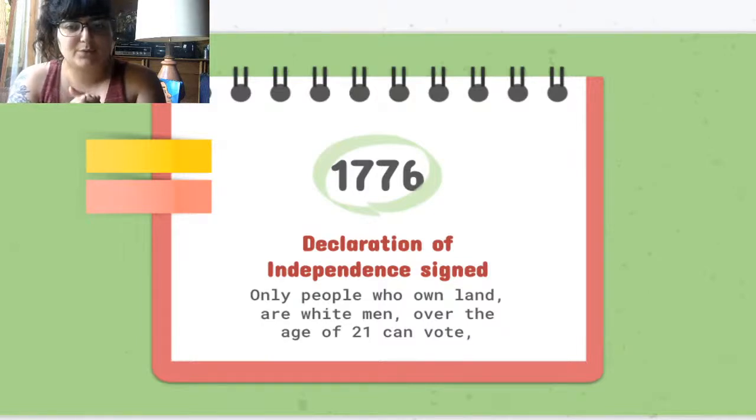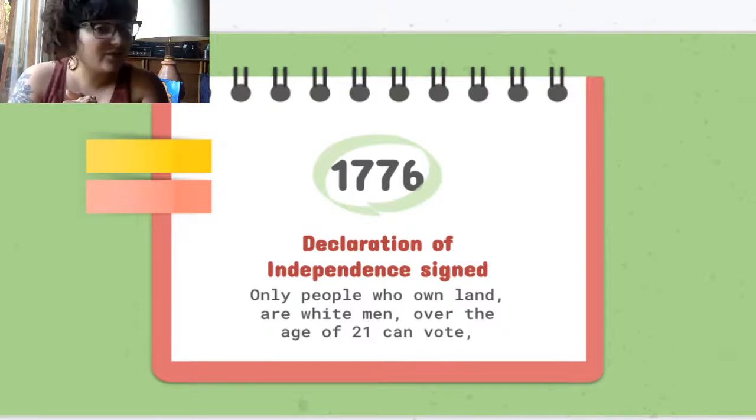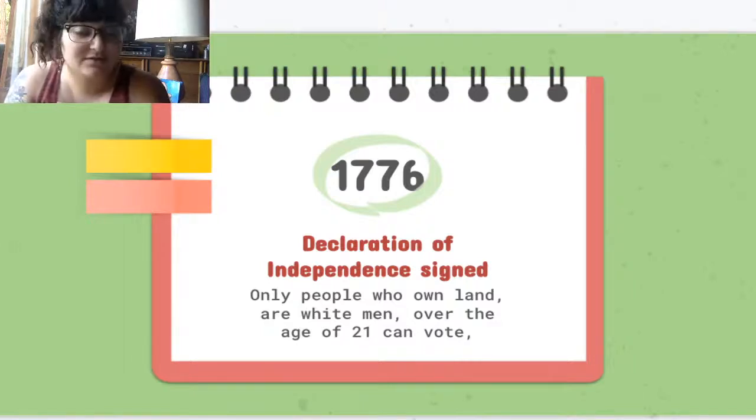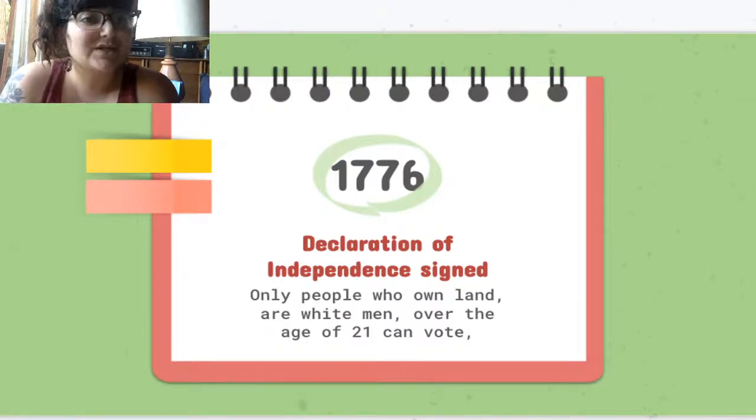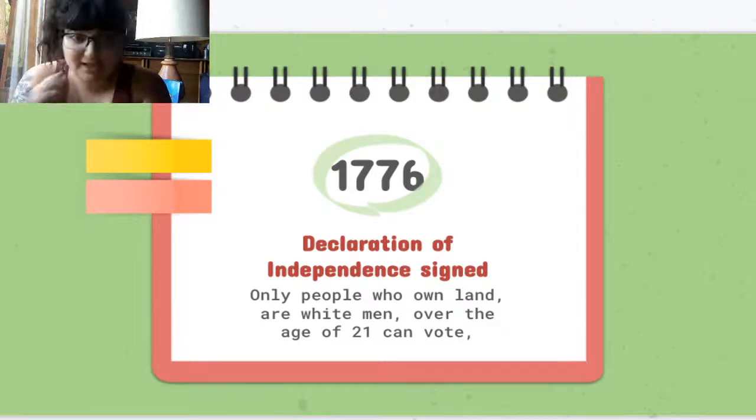And really this is important because even when George Washington, our very first president, was elected in 1789, only 6% of the population was allowed to vote. Consider. It's a very small group of people, okay?